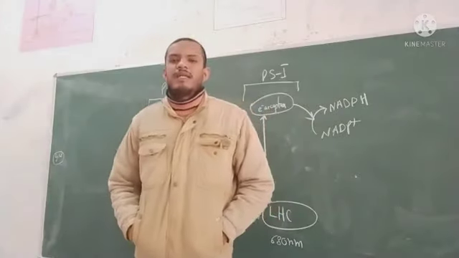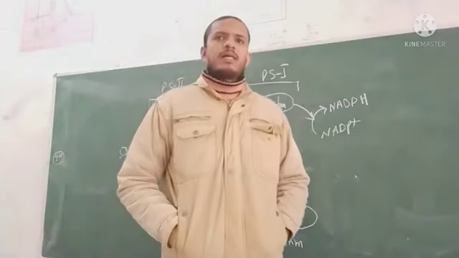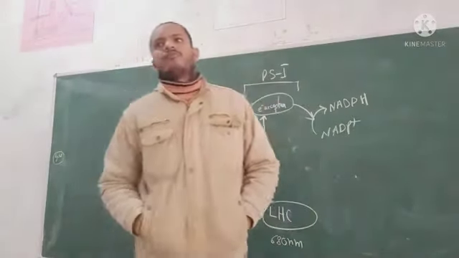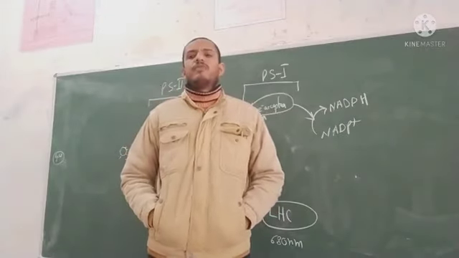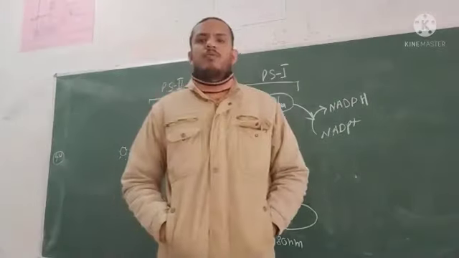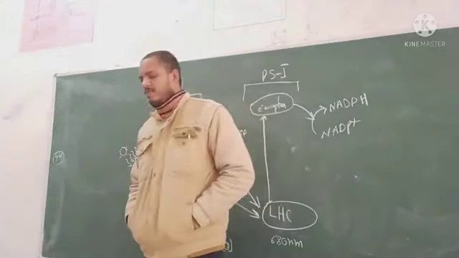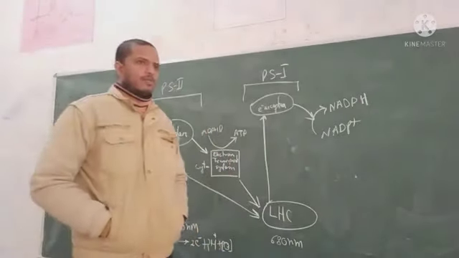Actually, the light harvesting complex that we talk about is the combination of two sets of pigments, like chlorophyll A. Chlorophyll A is the main active pigment of the photosystem, or reaction center, that is known as the antenna.